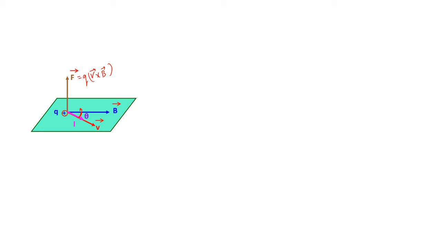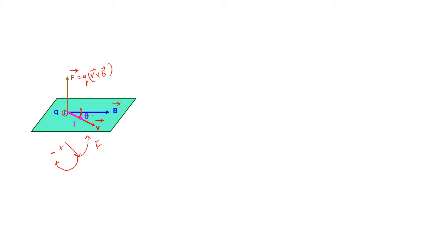So when a charge starts moving in this particular direction, it starts getting pulled up because it is experiencing an upward force. If it is a positive charge, then it experiences a force upward. But if it is a negative charge, it definitely experiences a force downward.